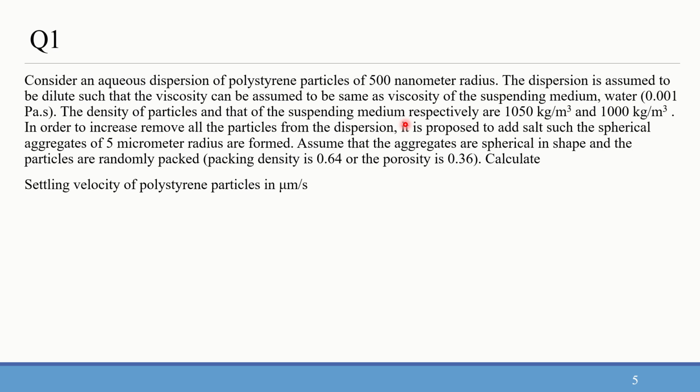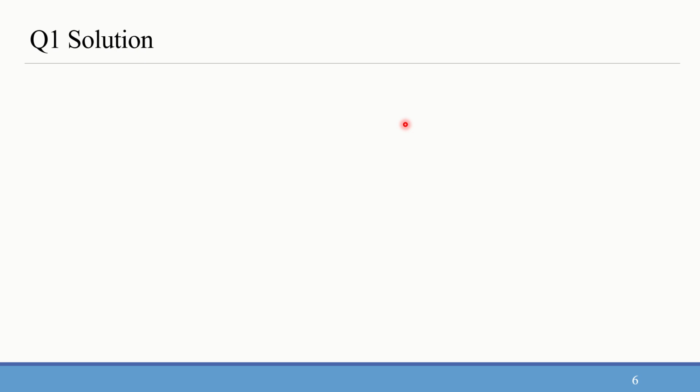The density of particles is 1050 kg per meter cube, and the density of water is 1000 kg per meter cube. In order to remove the particles, they have added a salt and the particles aggregated. The aggregate radius is finally 5 micrometer, and packing density is 0.64 or porosity is 0.36, either way. Now we have to calculate the settling velocity of polystyrene particles in micrometer per second.